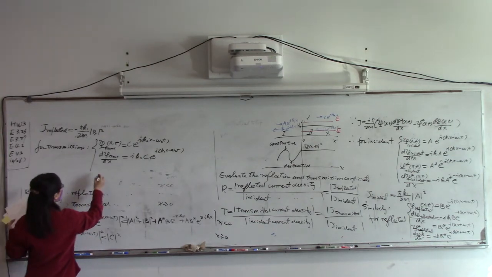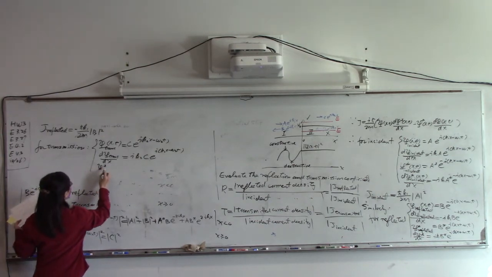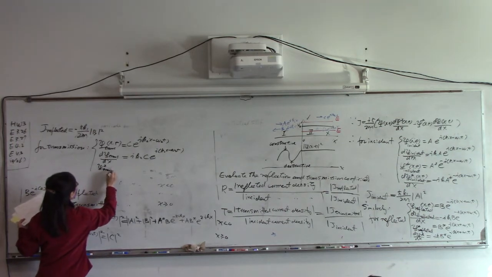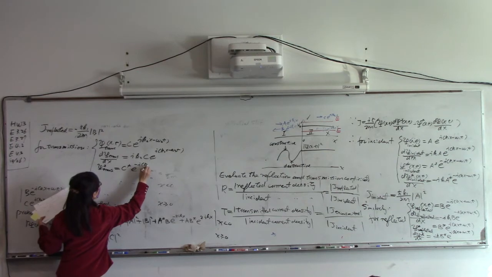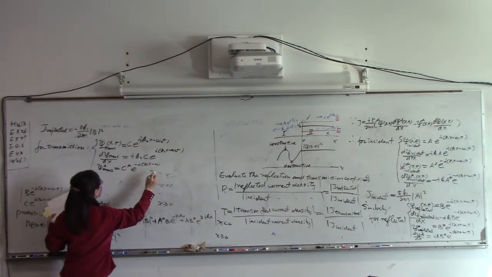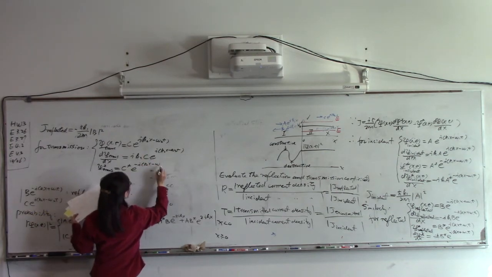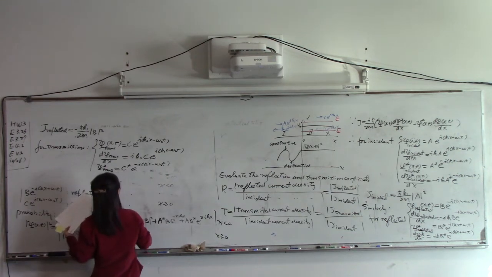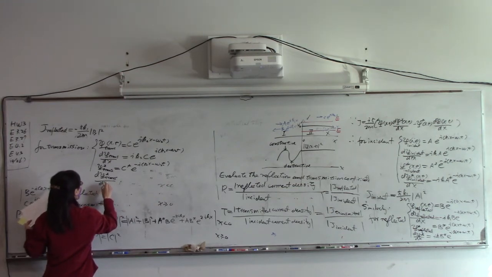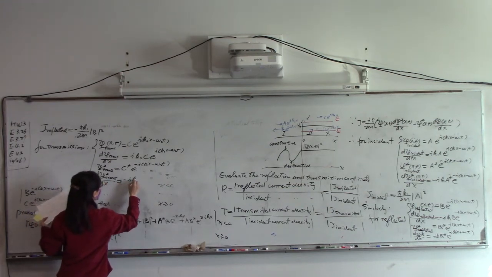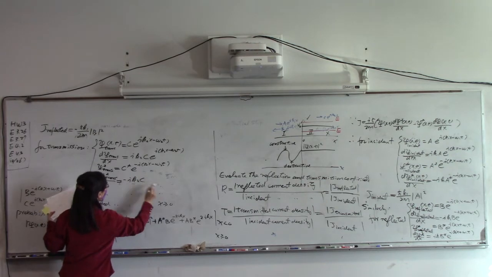Here, the star of psi trans is C star exponential minus i(k2 x minus omega 2 t), and the derivative of psi trans with respect to x is i k2 C exponential.